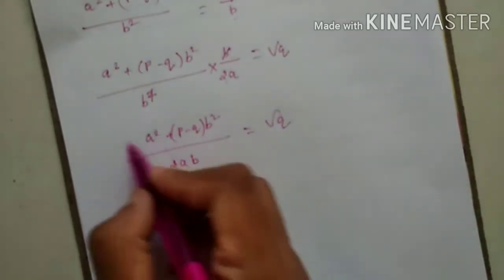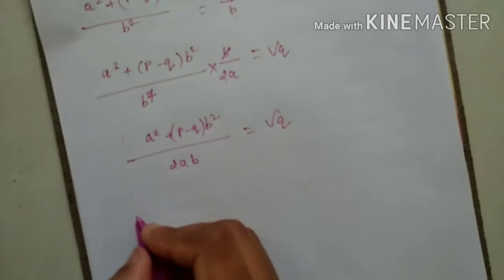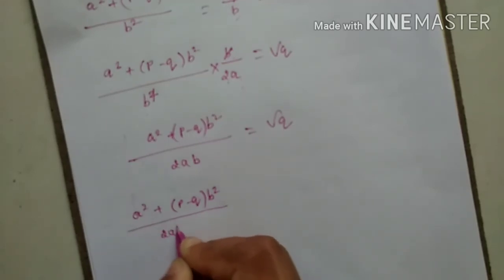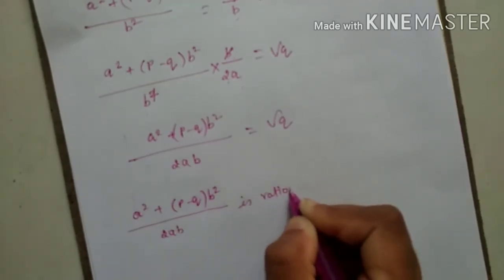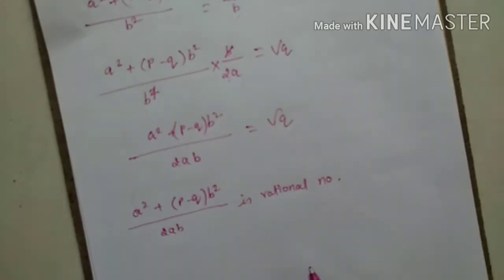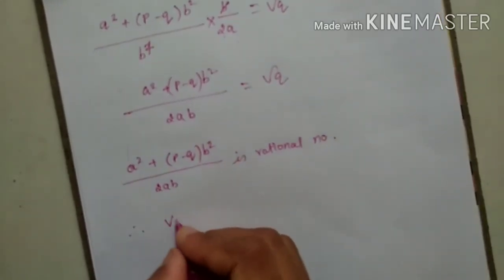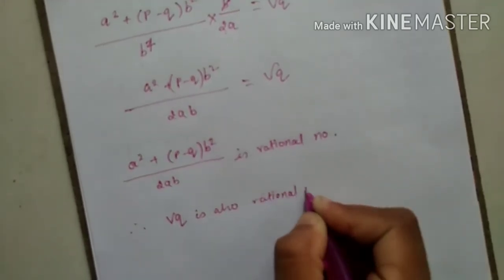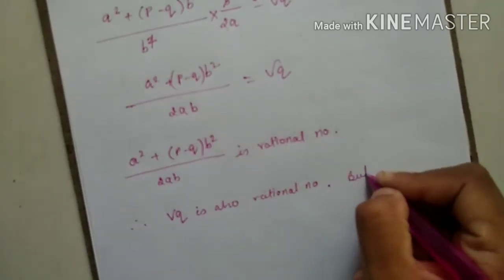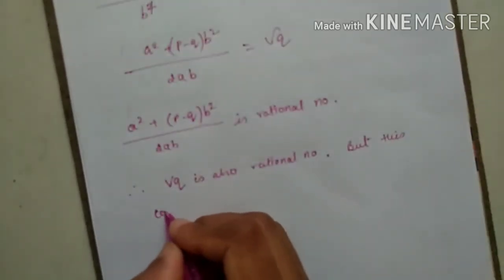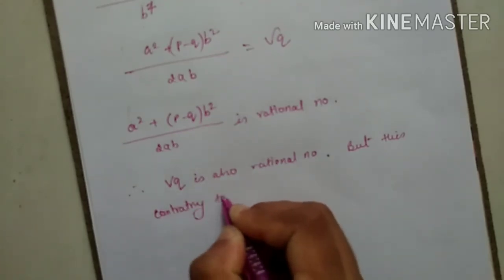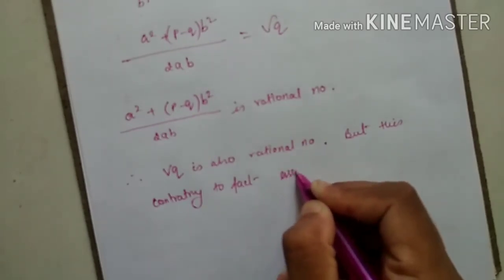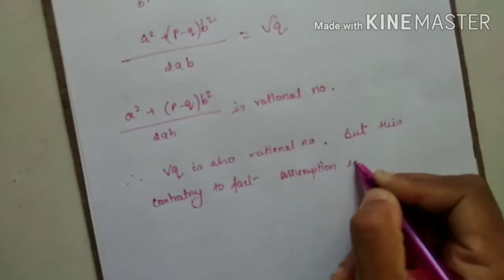q. As you know, this complete part is a rational number, so you can write a square plus p minus q b square upon 2ab is a rational number, so that root q is also a rational number, but this is contrary to the fact, so that assumption is wrong.